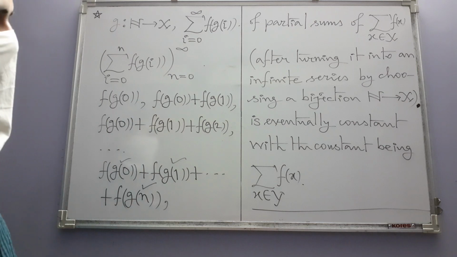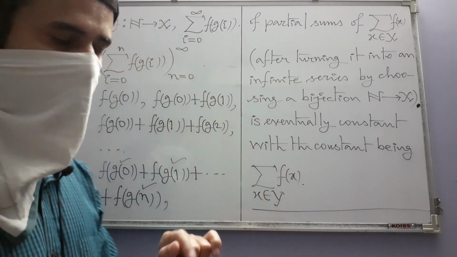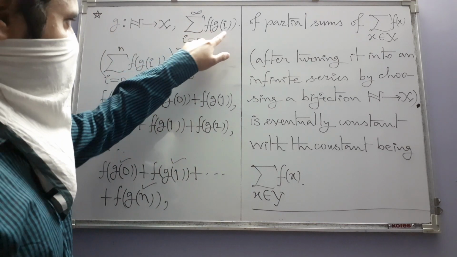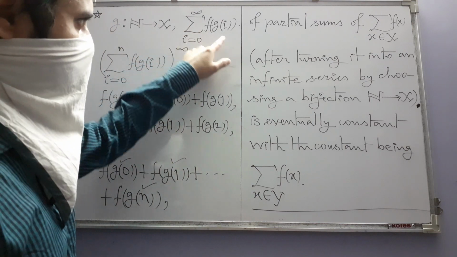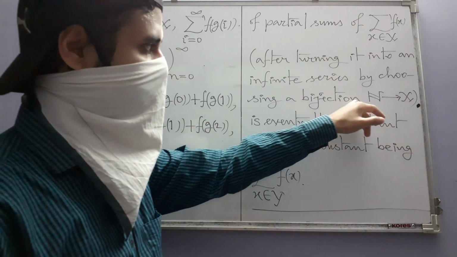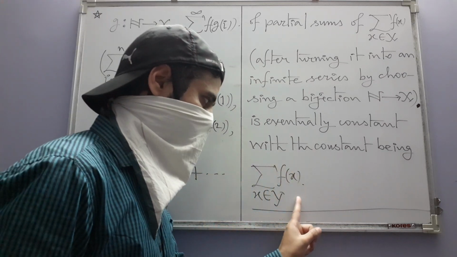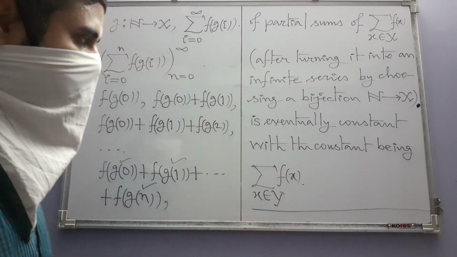So that's what we have written, that if y is finite but x is countable, then the sequence of partial sums of this series, after turning this sum into an infinite series by choosing such a bijection, is going to be eventually constant, and that constant being this.